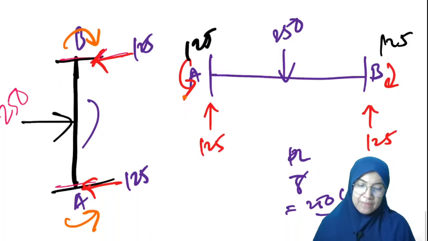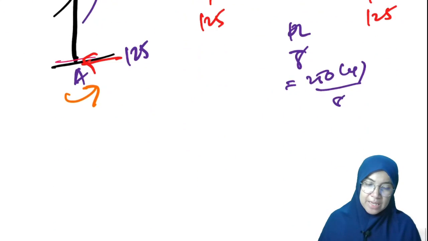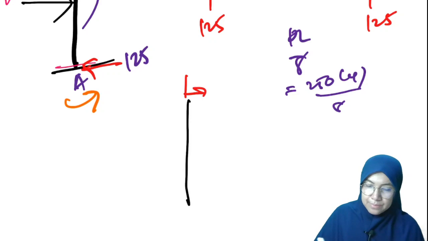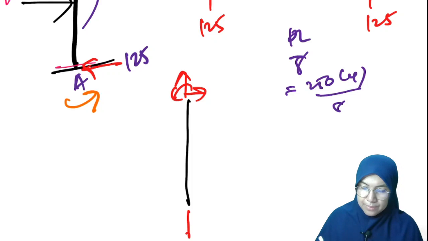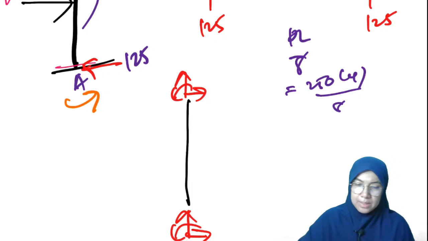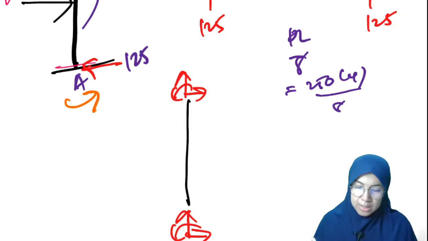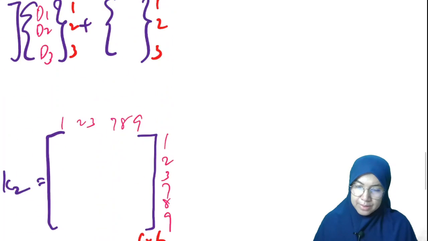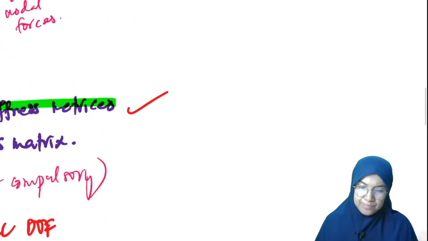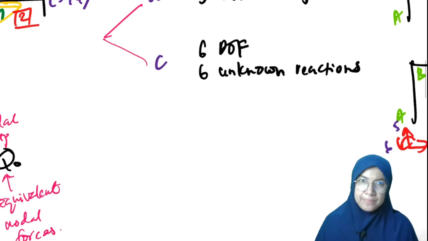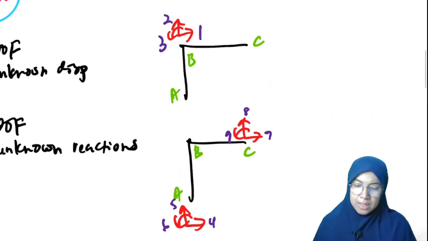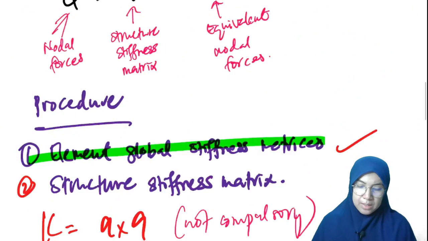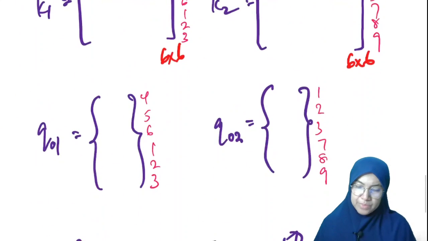After having this, what we need to have is the labels. Refer back to the diagram. It is 4, 5, 6, 1, 2, 3.